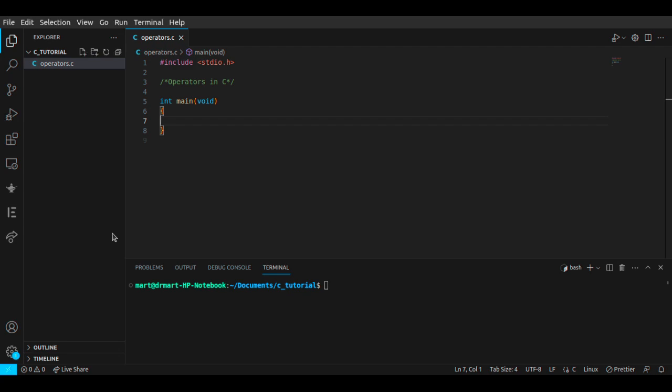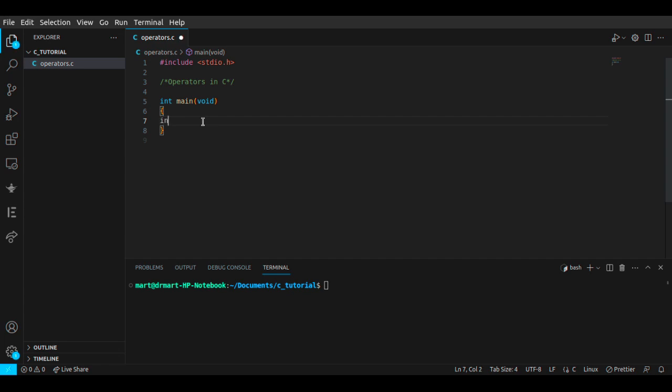I've created a file here and named it operators.c. The first thing I want us to understand is addition, subtraction, and most likely multiplication and division.